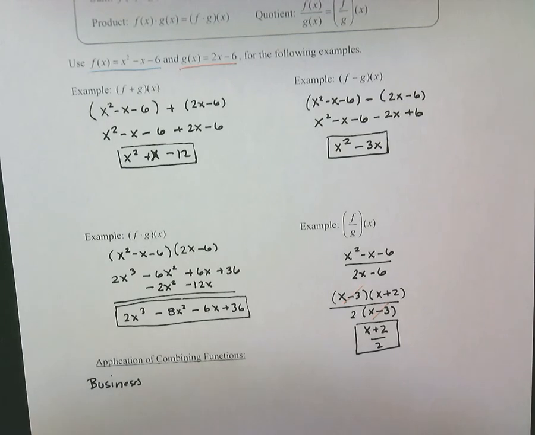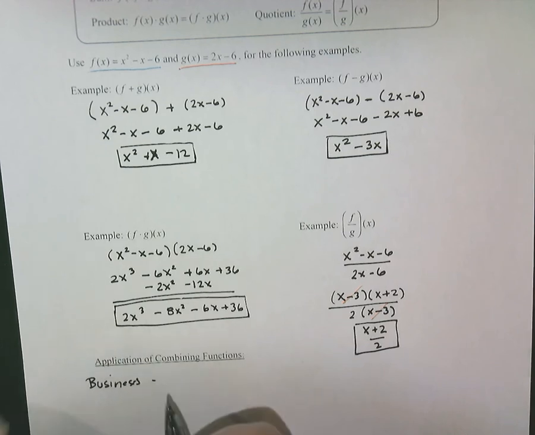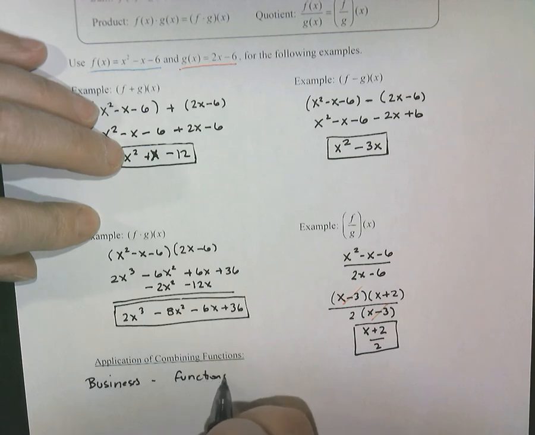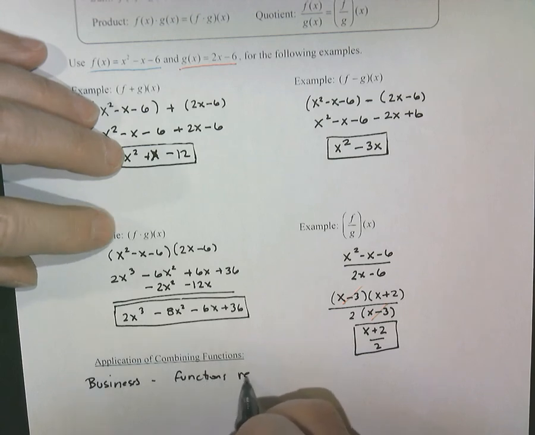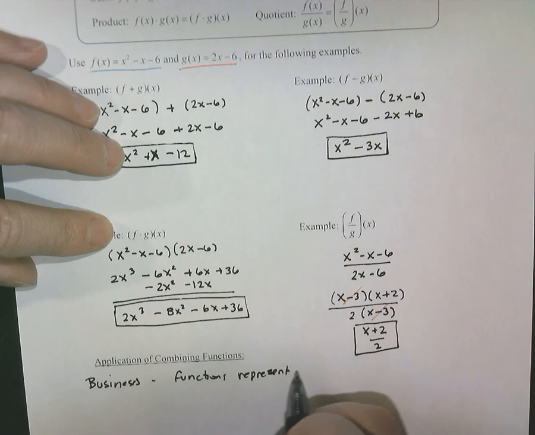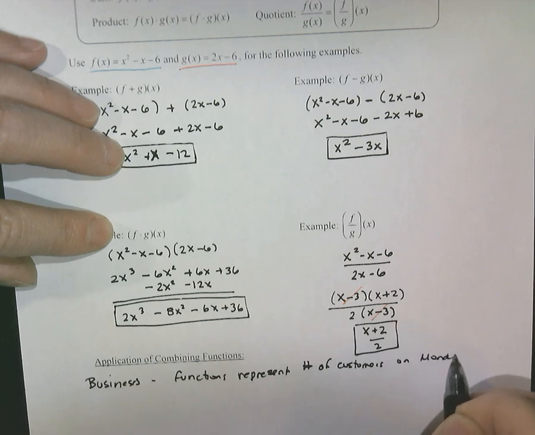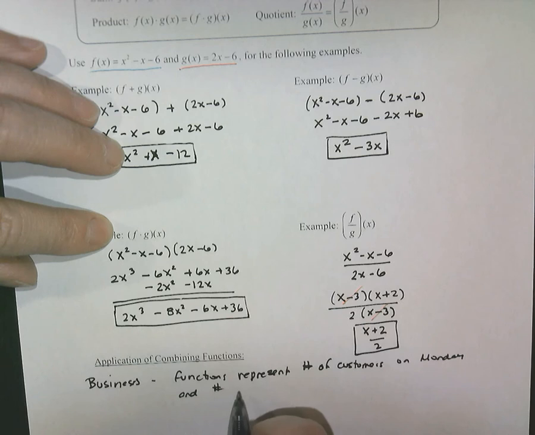and you wanted to find maybe the number of customers you have in a store per day, and you want to add Monday and Tuesday, you could have your functions represent number of customers on Monday, and you could have number of customers on Tuesday.